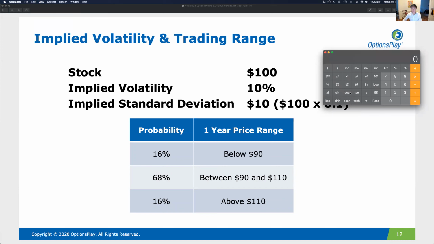So if you do the square root of 252, you get 15.87.